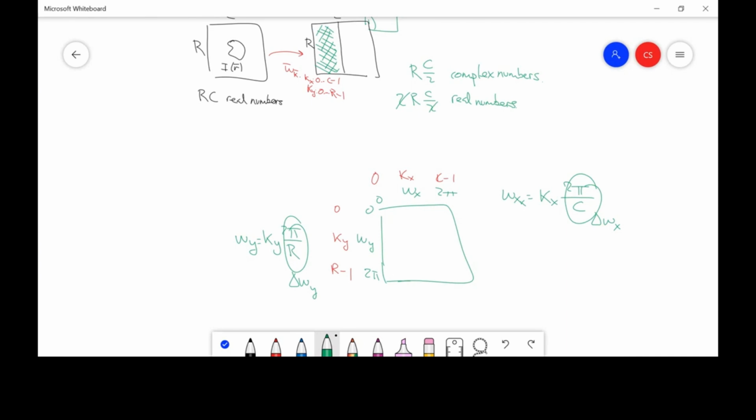Okay, but then Kx goes from 0 to c minus 1 if you are in this world of Fourier transforms like this.